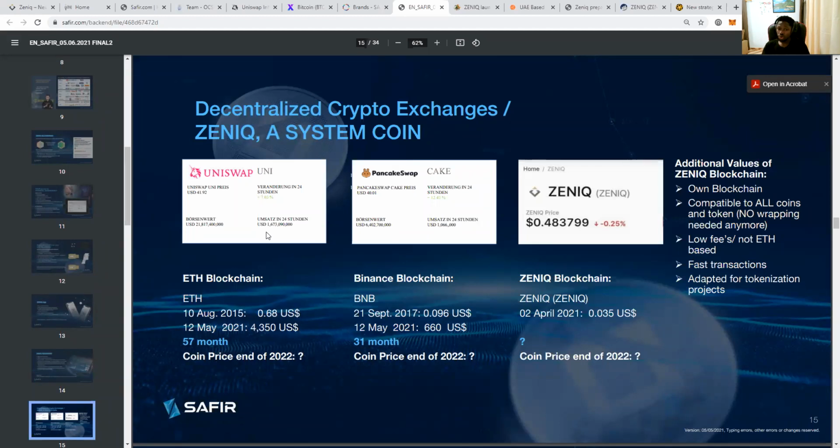Now, within 24 hours, we have 1 million transactions taken on PancakeSwap, and you multiply that by the fee. Now consider Zeniq as a blockchain technology with a decentralized exchange having a fee which is fixed at 1 cent, and consider the usability, the use cases of the project or the blockchain, and of course consider the potentials of the blockchain and the possibility of your share if you are a token holder or a coin holder.